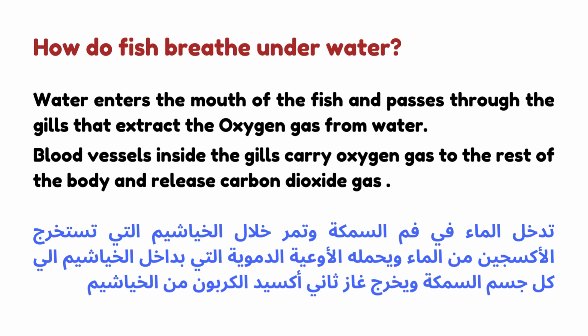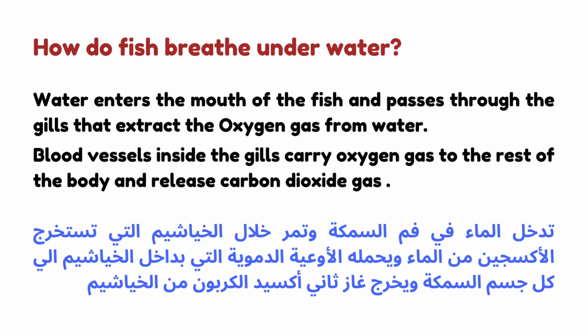So the fish is adapted to live in water and breathe underwater by these gills, as the gills extract oxygen gas from the water and the blood vessels carry this oxygen gas to all the body of the fish, and the gills release carbon dioxide.